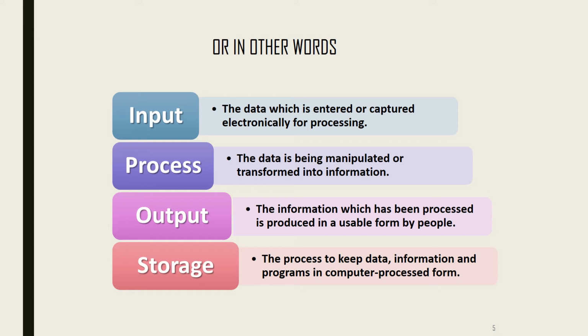Output is the information which has been processed and is produced in a form usable by people. And storage is the process of keeping data, information, and programs in computer-processable form.